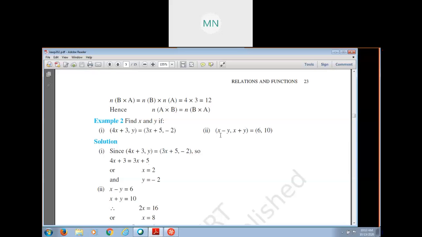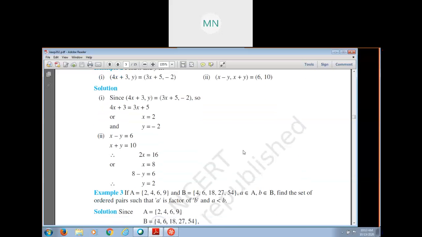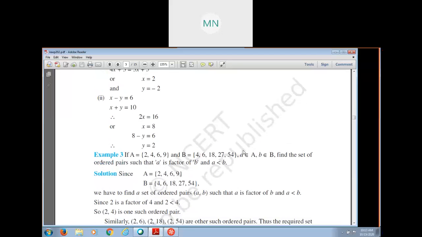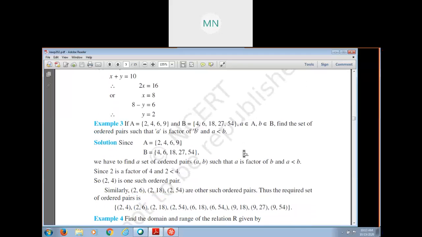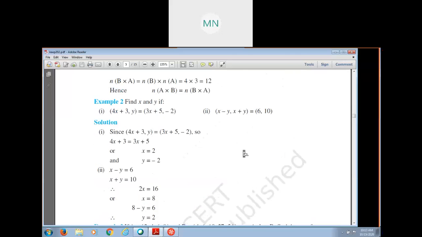Similarly, you can try this example also. So try to solve this problem.